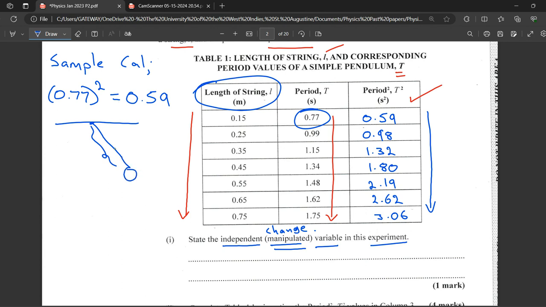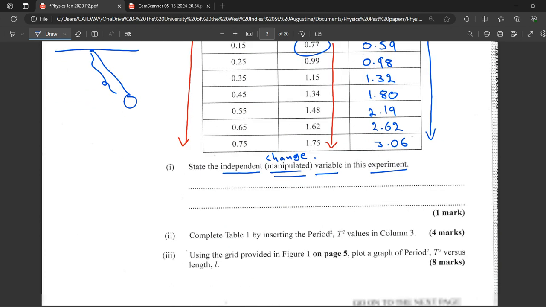So you could lengthen it, and that's what was being done in the experiment. So the independent, manipulated variable in this experiment is the length of the string.